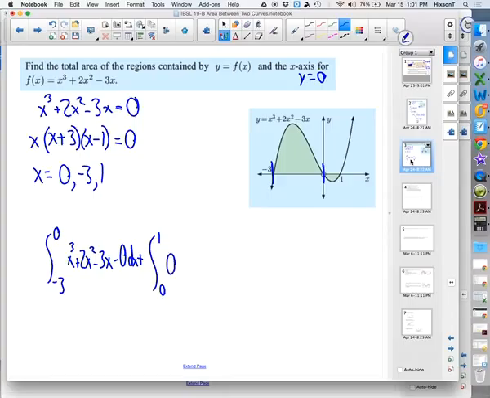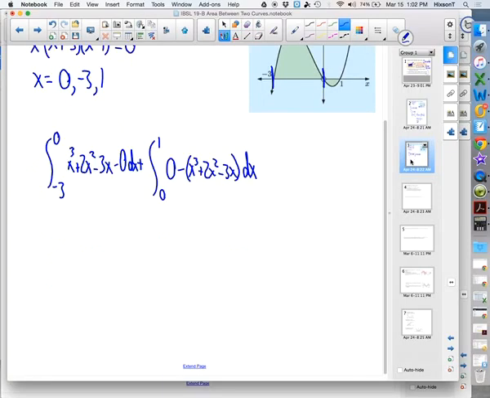I've got 0 minus x cubed plus 2x squared minus 3x dx. Okay? Now you might remember we said one way you can handle this area below is to just add the absolute value. Or, notice in this case what happens, it's times the -1. Okay? So if it's under, you always do the top one minus whichever one's on bottom. Okay?